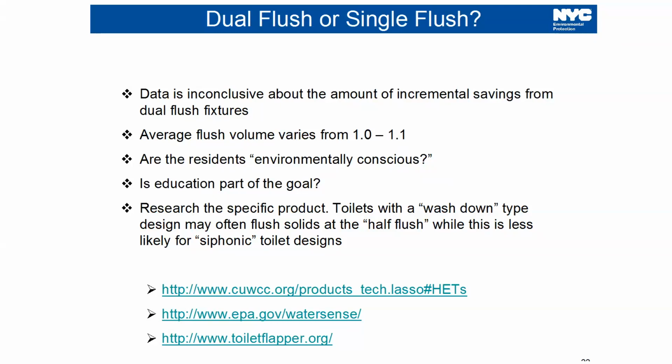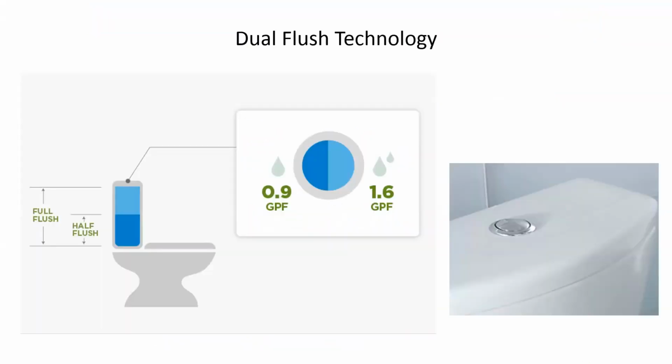So it is important that dual flush technology be explained to the client, and also that when you purchase dual flush technology, it's readily apparent to any user. We had the picture right before here where you can see a single drop of water versus a double drop of water, which would be, I would think, quite an obvious visual explanation of which button to push.